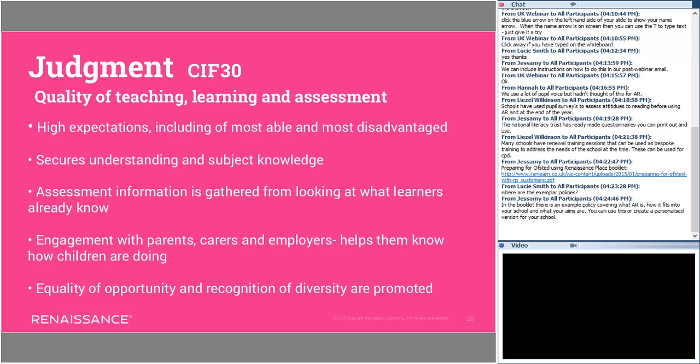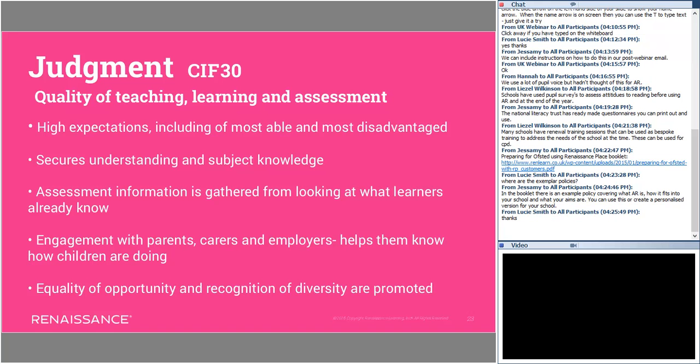So the judgment, again, I picked out a few highlights of things that I think are really useful for us to point out how AR can help you and how Renaissance Place can help you. High expectations, including the most able and disadvantaged. You can demonstrate using Renaissance Place and using Accelerated Reader and points targets that you are setting very high expectations.